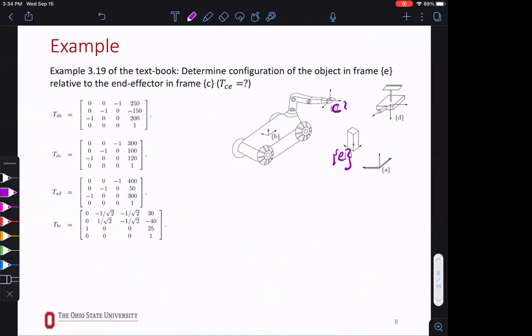This is the end effector, frame C. So let's say you have a robot, autonomous car or a car driving. There is an arm attached to it. There's an end effector that will grab objects. You have a camera in frame D. You have a fixed frame in frame A, and the object that needs to be picked up is in frame E.